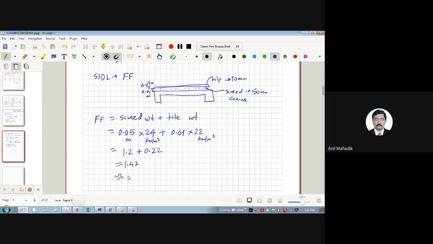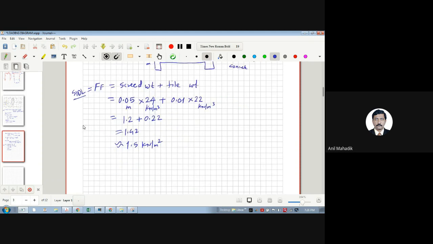So assume this as 1.5 kilonewton per meter square comfortably. So floor finish is nothing but SIDL. These terms we are using in modeling also. That's why I'm using this word continuously. So the weight other than self weight of the member goes into the SIDL. So this is your floor finish.